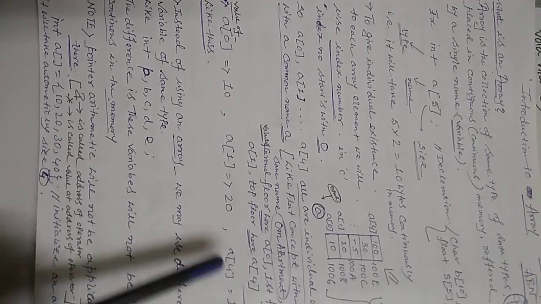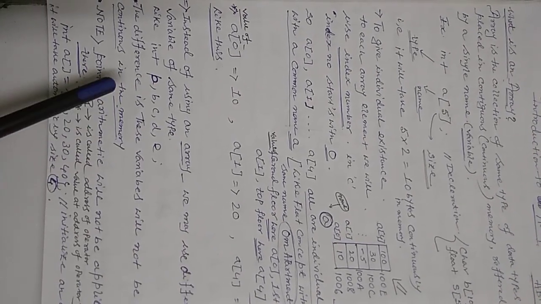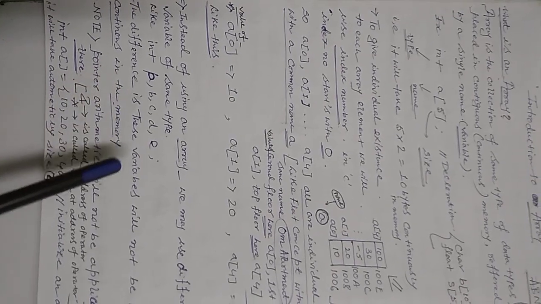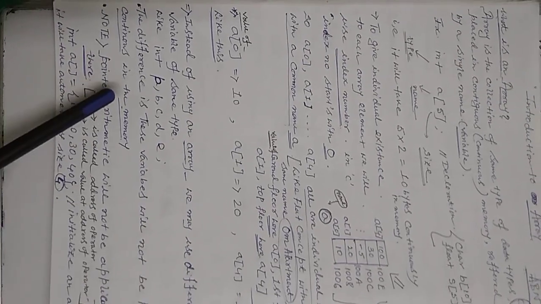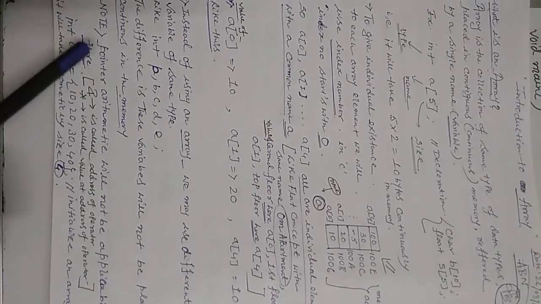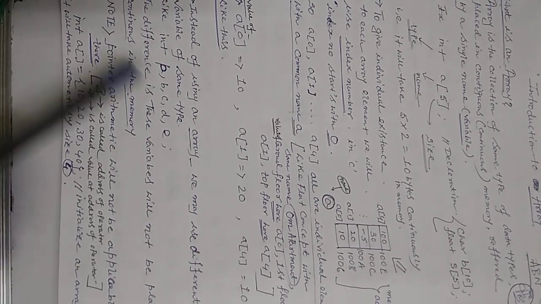But these variables will be scattered in the memory. The difference is the variables will not be placed contiguously in the memory, they will be scattered. So why are we using an array?